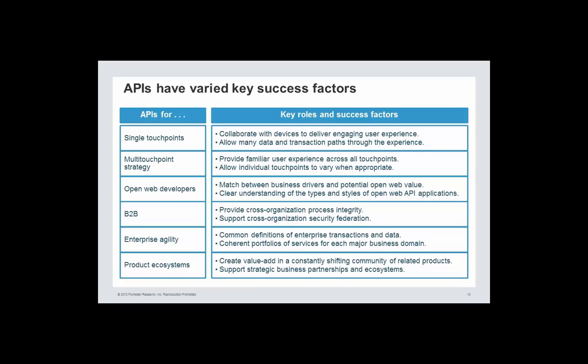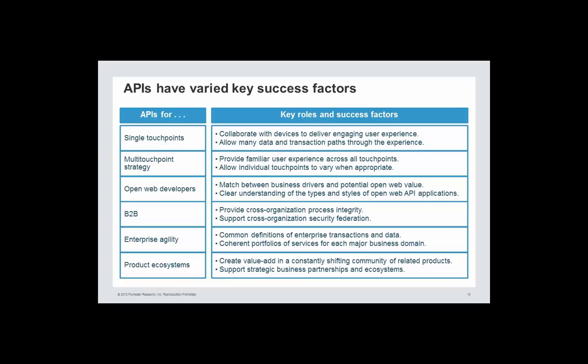Here you're trying to collaborate closely to get an engaging user experience between your API and the device, and allow many different paths through the interface. An API serving a multi-touch point strategy needs to have familiarity across many different touch points, while allowing individual touch points to vary when appropriate.